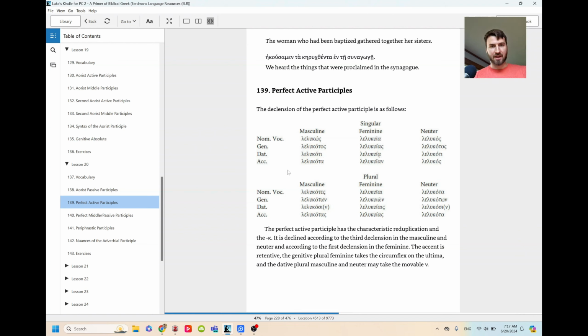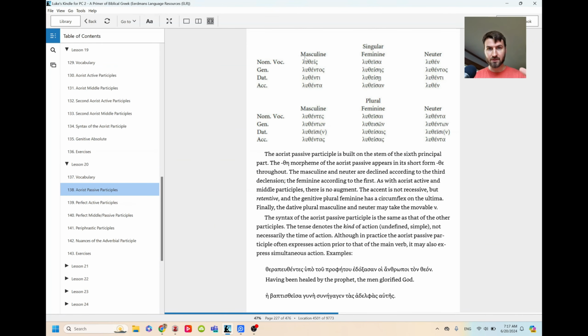So, okay, the forms of the perfect, comparing to the aorist. We see it doesn't have the augment because there's no tense outside of the indicative. So there's no tense in the aorist. We just focus on the aspect.